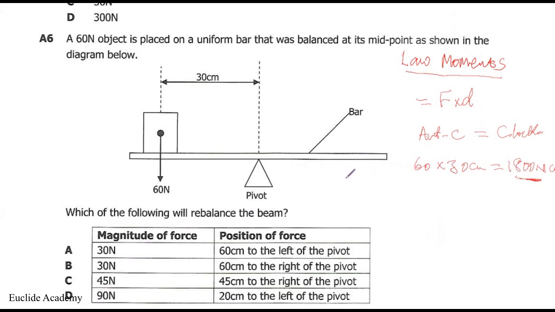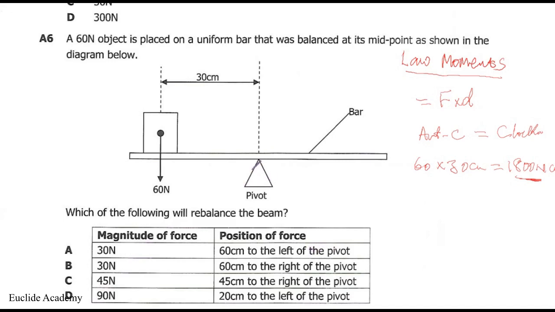So which one is it? Right here, if you can see, we have 30 newtons, that is the force. We need to multiply it with the distance to the left of the pivot.